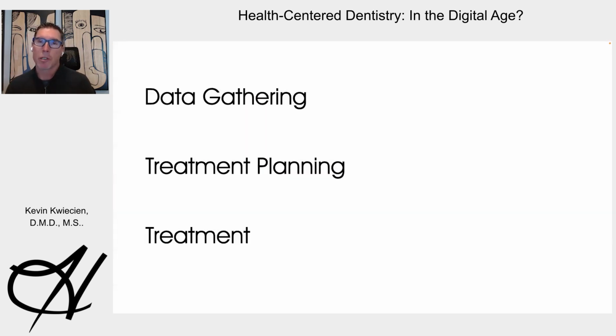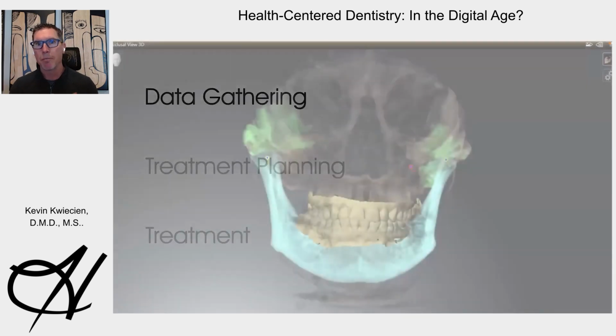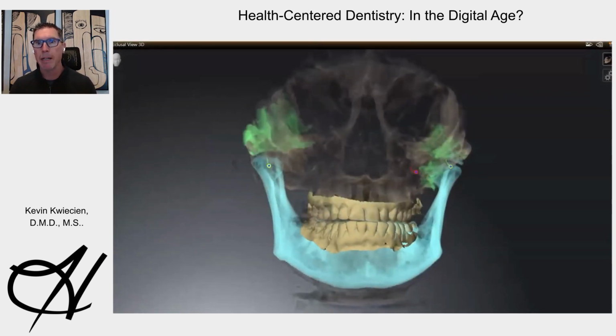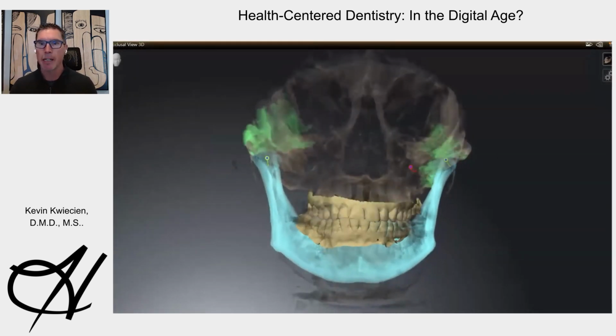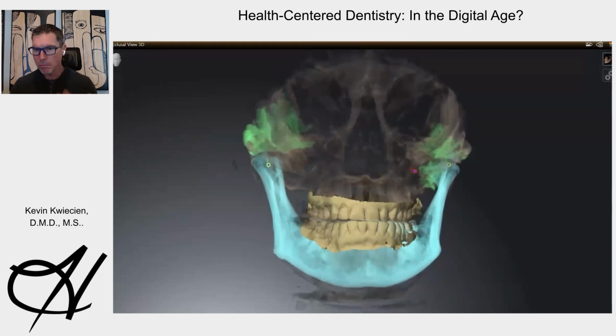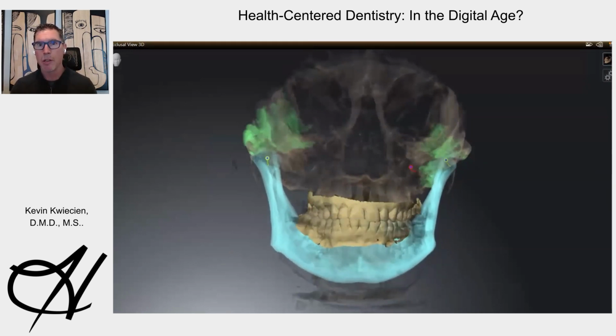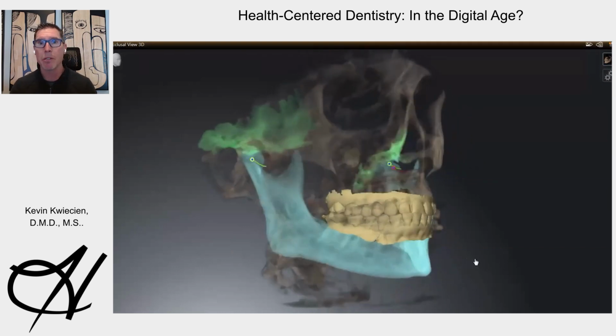I thought as we're talking in the digital world today, it'd be nice to break it down, almost simplify it. It's a very simple slide. We'll look at the digital world with respect to gathering the data, treatment planning, and then the actual treatment. When we think about gathering the data, more and more it's combining scanning the upper and lower arch, recording the jaw movements, maybe combining that with a CBCT.